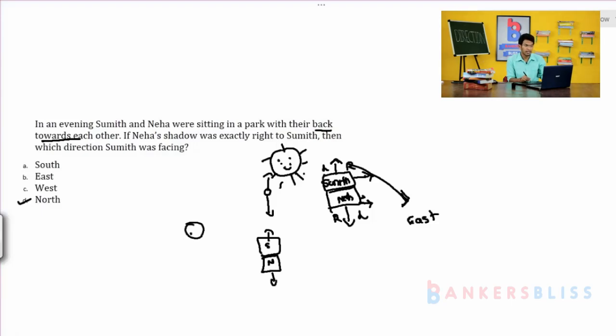Sunset, then the shadow will be on the east. Then Neha's shadow is exactly towards the right of Sumit. Sumit is facing this direction means he is facing the north. Sumit is facing the north.